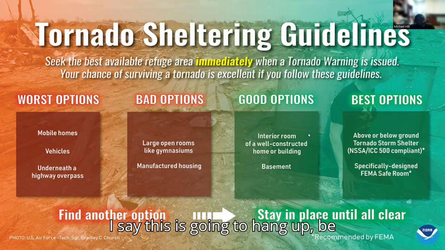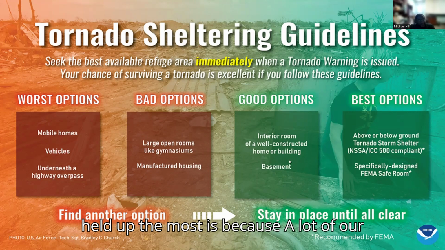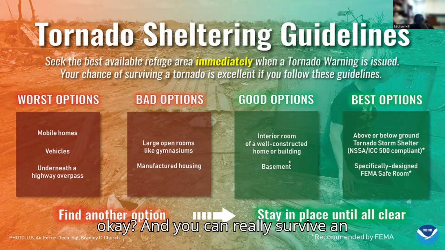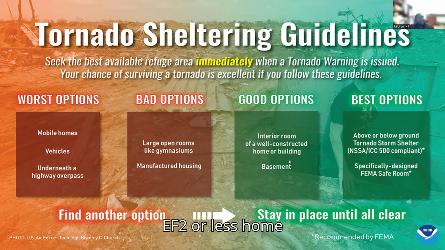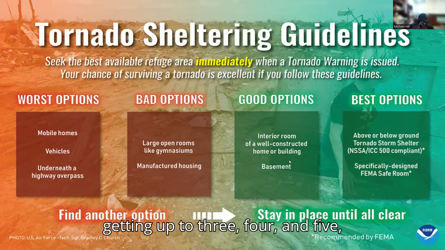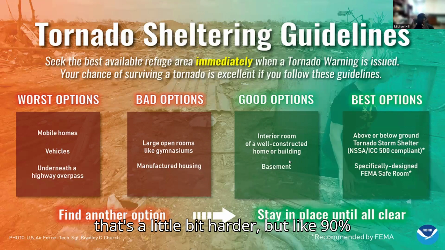The reason why I say this is going to hold up the most is because a lot of our tornadoes are EF2 or less. Okay. And you can really survive EF2 or less damage in a home. Because once you start getting up to 3, 4, and 5, that's a little bit harder. But like 90% of our tornadoes are EF2 and less.